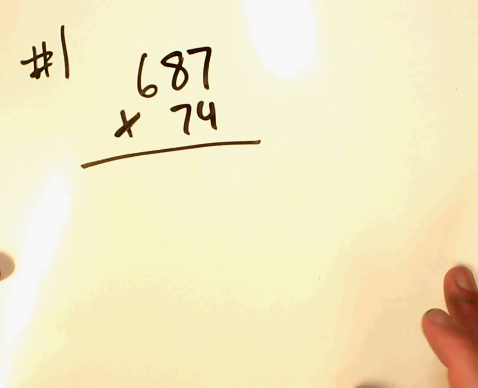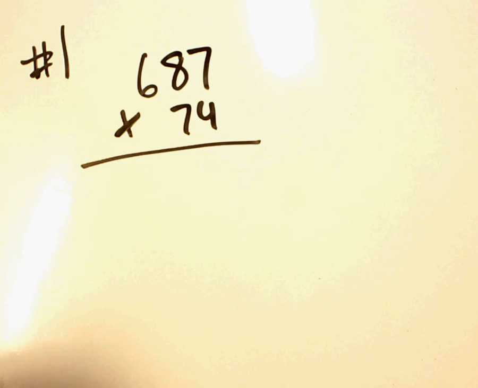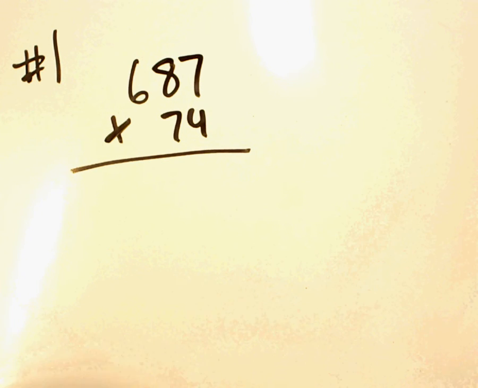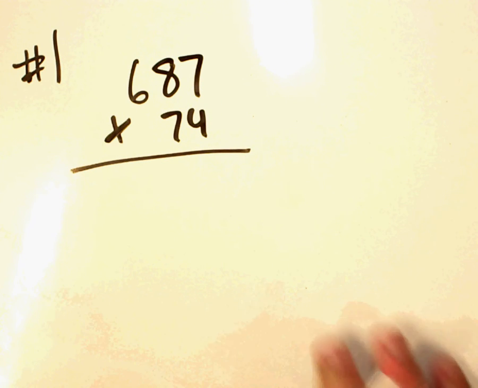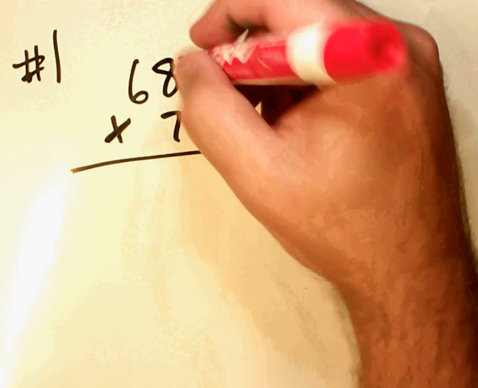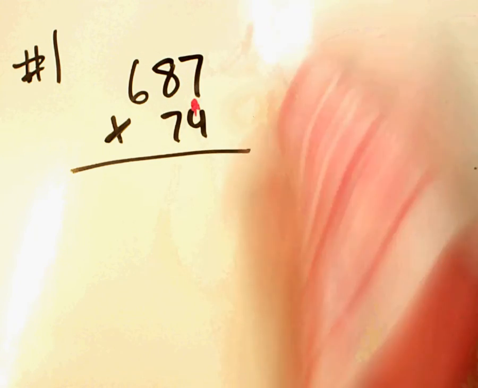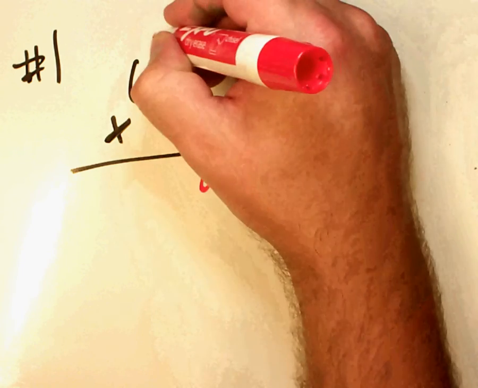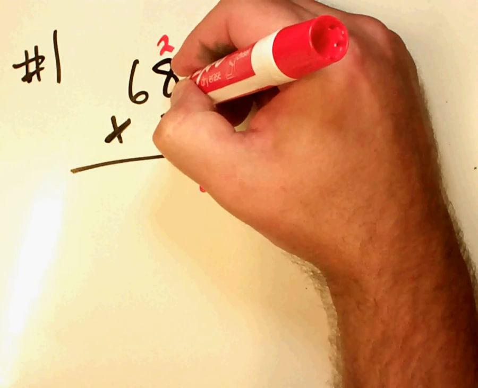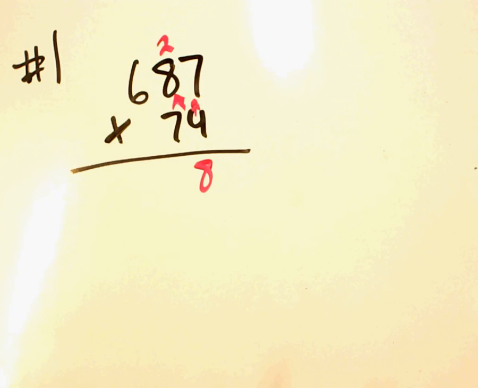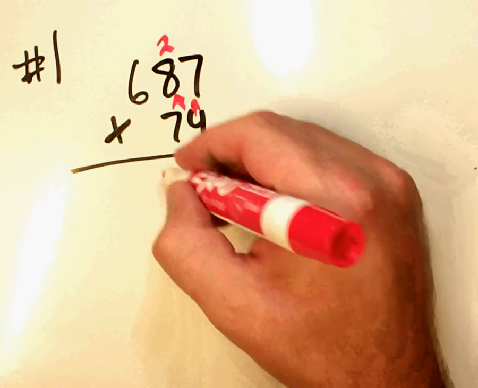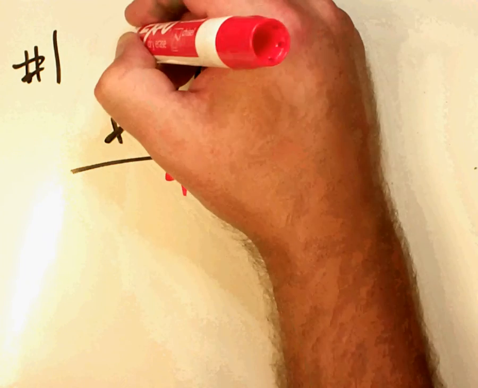Alright, so I'm actually going to use a couple of different colors here because I want you to see the different partial products before we get to our final product. So we're going to start with multiplying 4 by 7, which gives us 28, carry our 2. And then we're going to do 4 times 8, which gives us 32, plus my 2 that carried up here is going to give me 34, carry my 3.